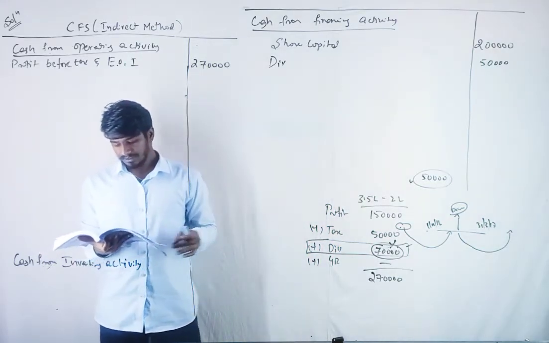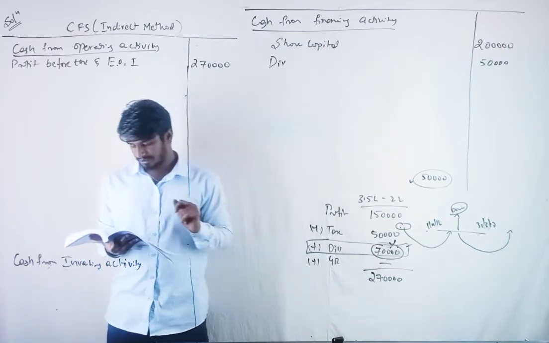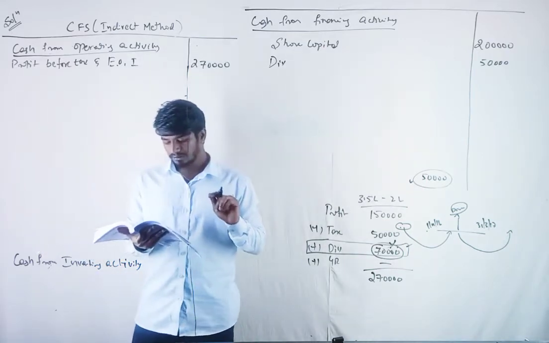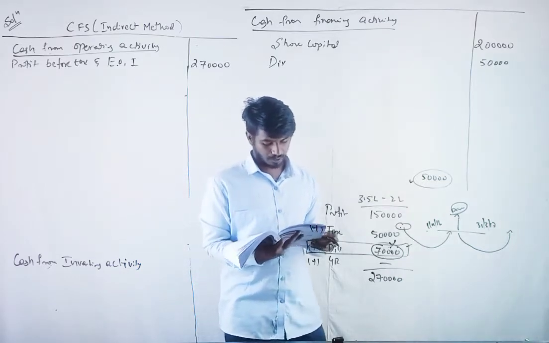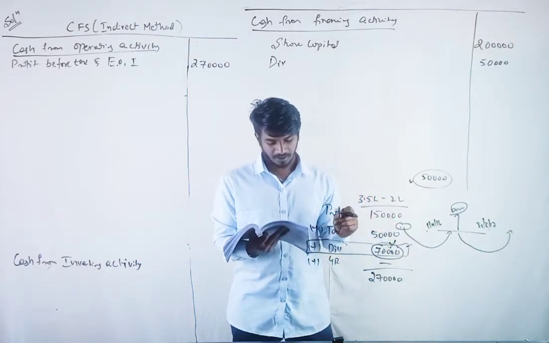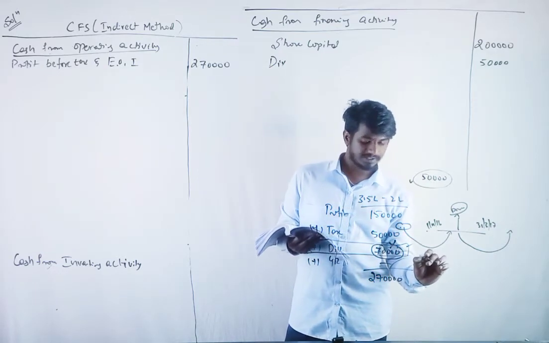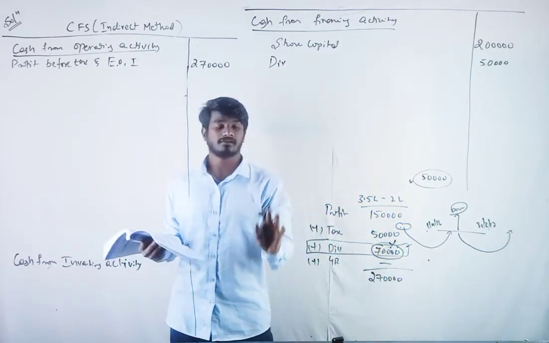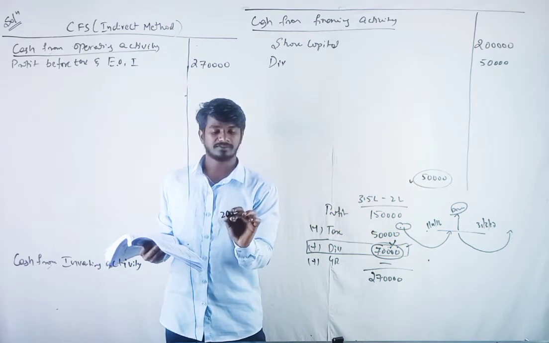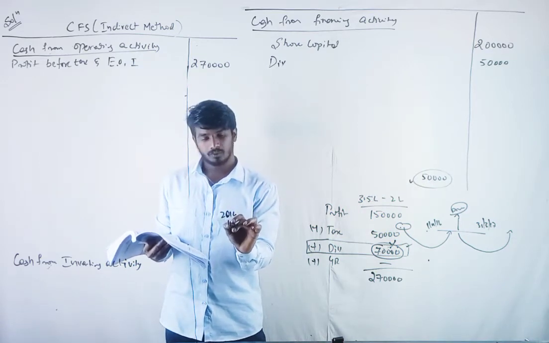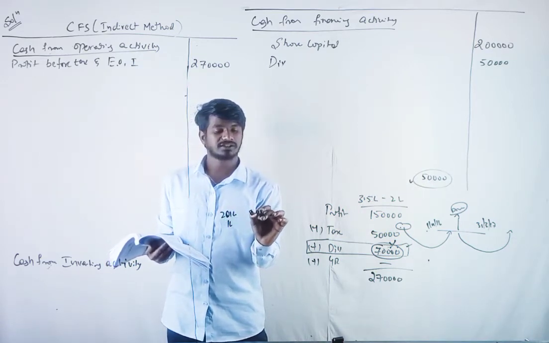Next item, reserves and surplus. Is that done? Yes. Long term borrowings, bank loan. In 2016, it was 1 lakh, and in 2017 it became 50,000.